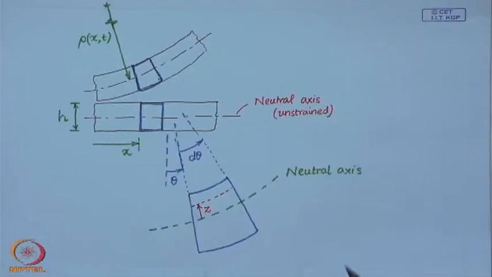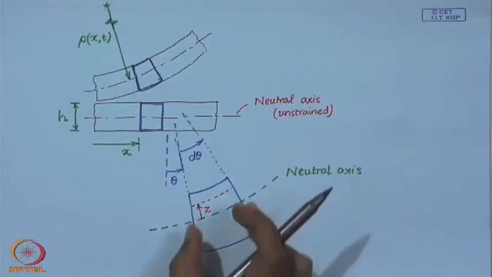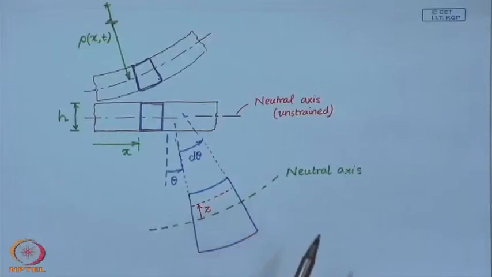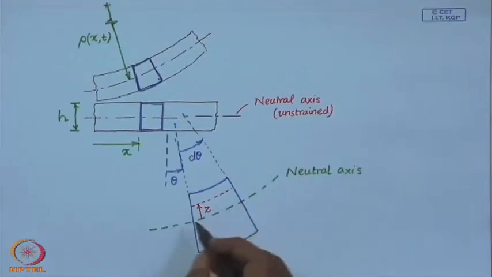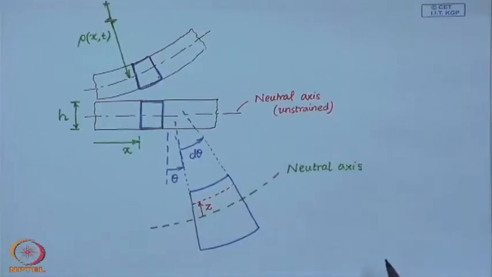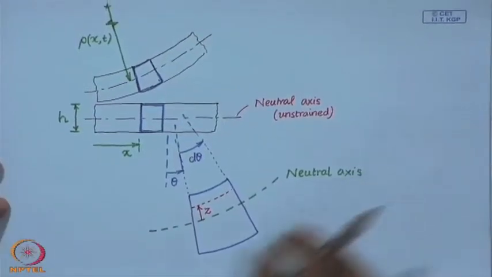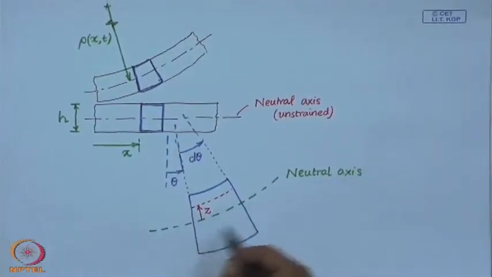So, first we are going to find out the strain in these fibers of the beam. As I mentioned, this neutral axis is unstrained. So, let us look at another fiber which is at a height z from the neutral axis or the neutral fiber.